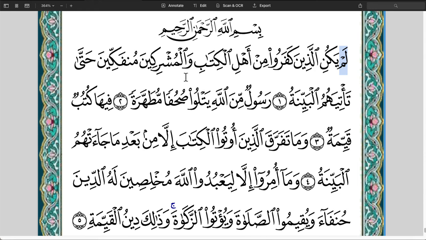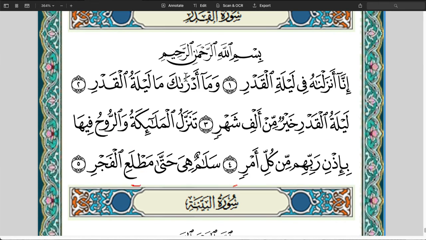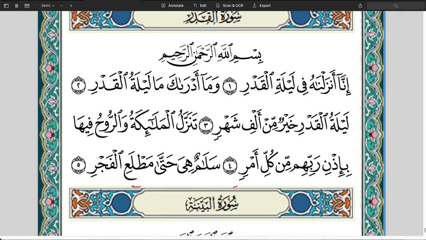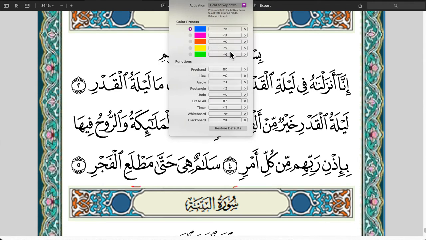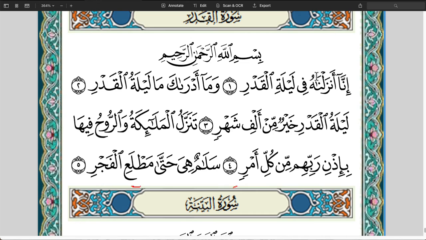So let's move to another surah. Let's try this one, inshallah. And then I have to control draw. One second, I need the annotation tool.